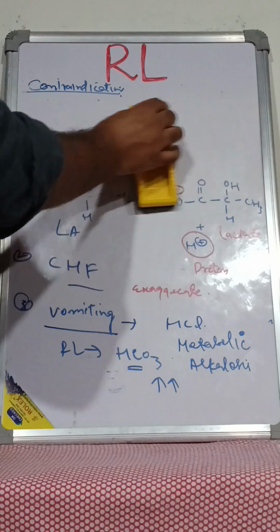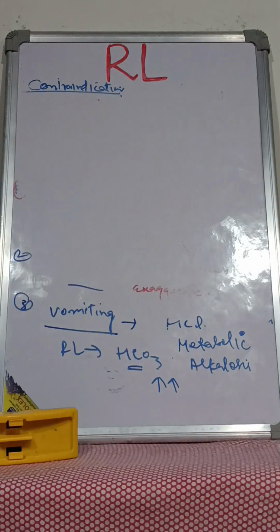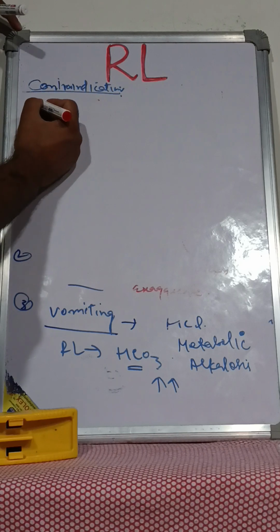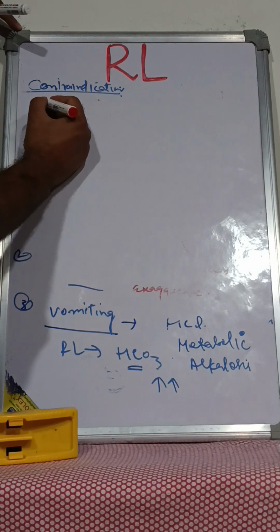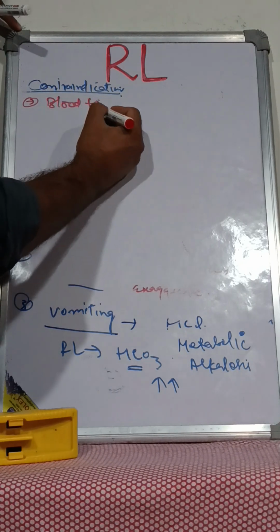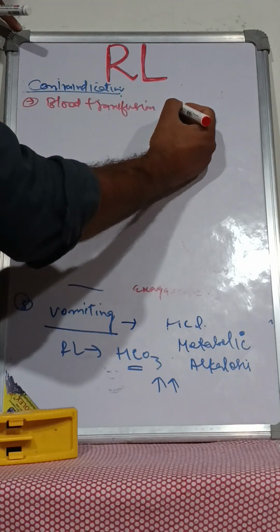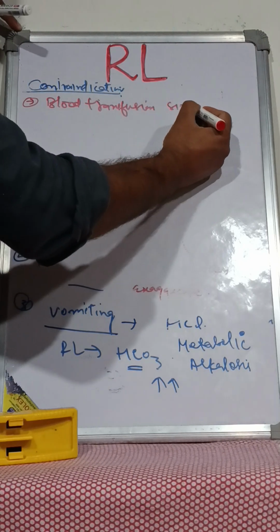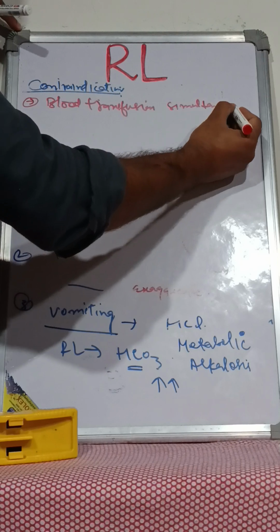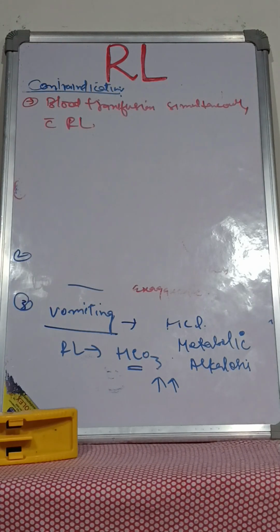One more contraindication to the use of RL is you cannot use it simultaneously in a patient who is being transfused with blood, because RL contains calcium.